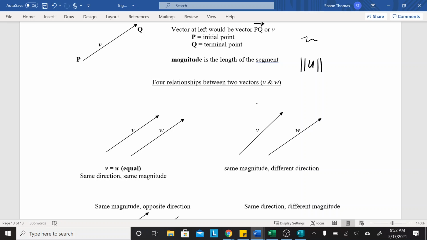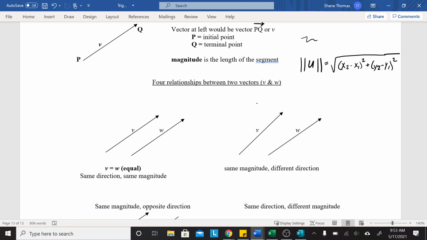And to find the magnitude or the length of that line segment, you'd have to use essentially the distance formula. Okay? So to find the magnitude of something, you'd have points: the square root of (x2 minus x1) quantity squared plus (y2 minus y1) quantity squared.